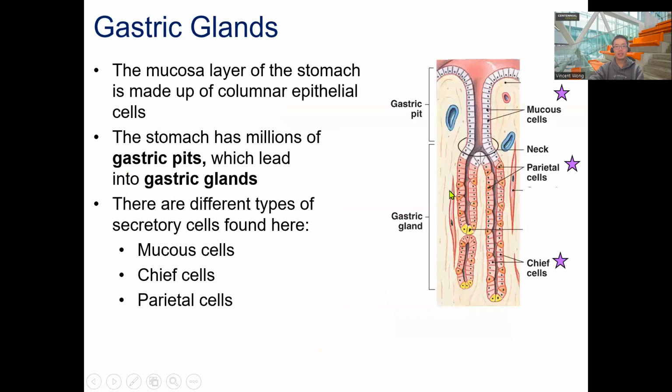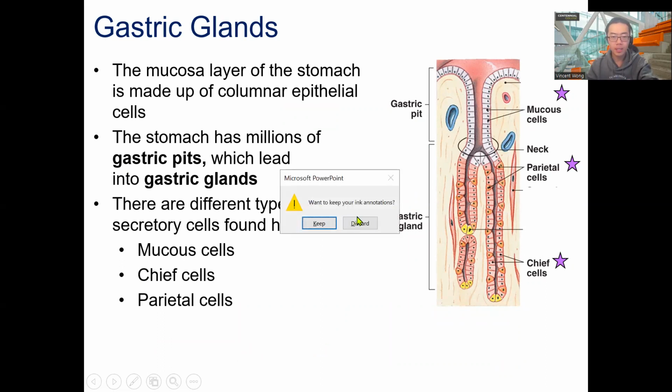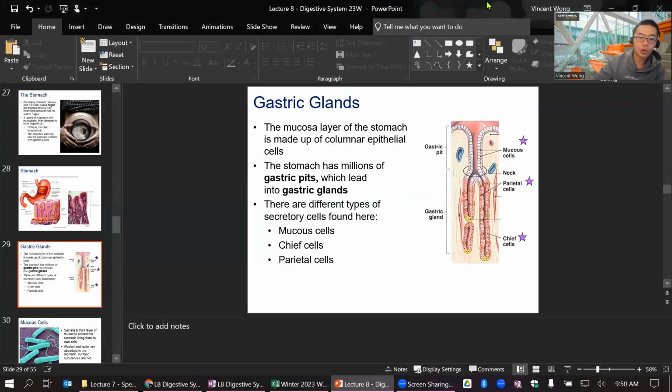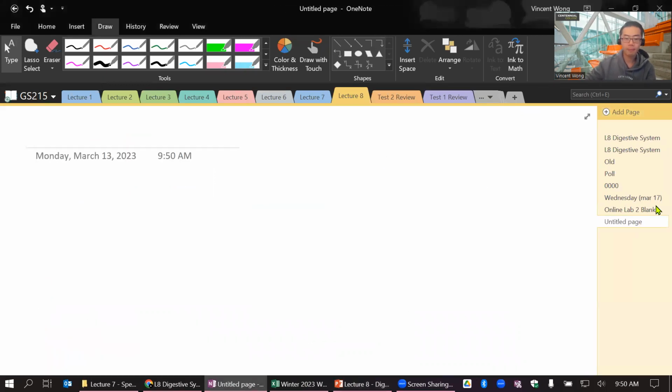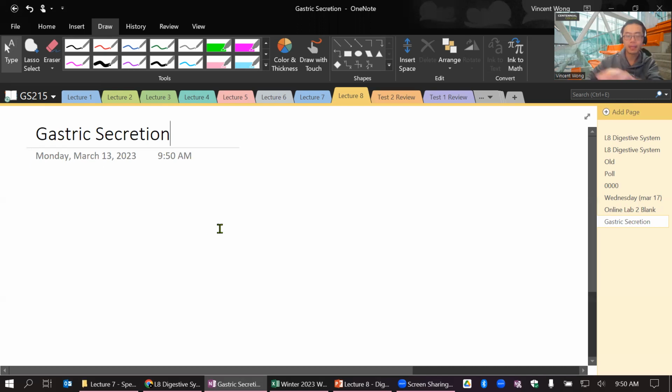Here's another view: we have the gastric pits, and then we have the gastric gland. I think it's probably best we draw this out to help you understand it a little bit better. Let's start a note here.